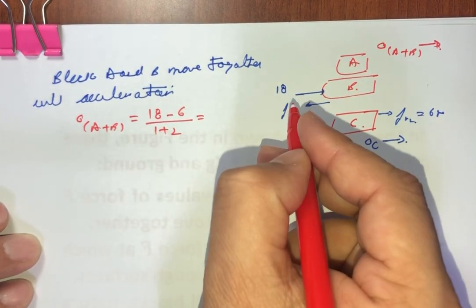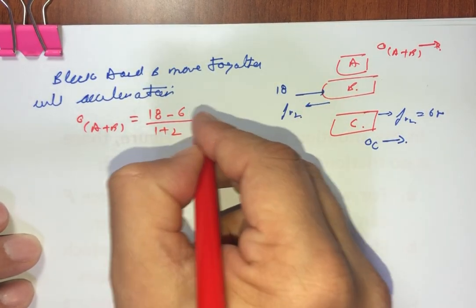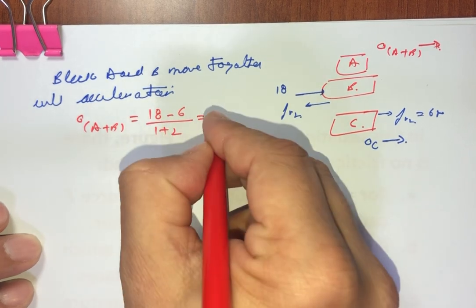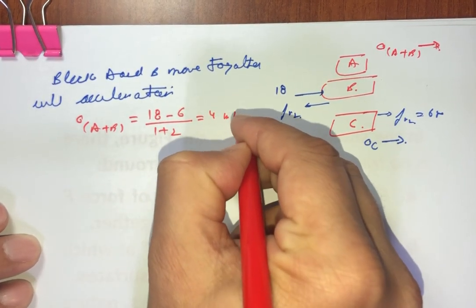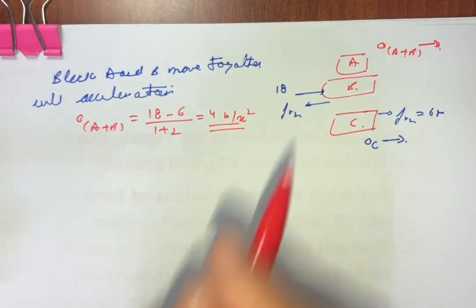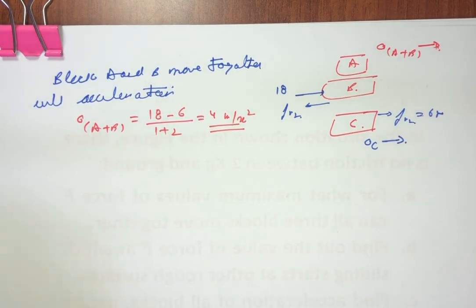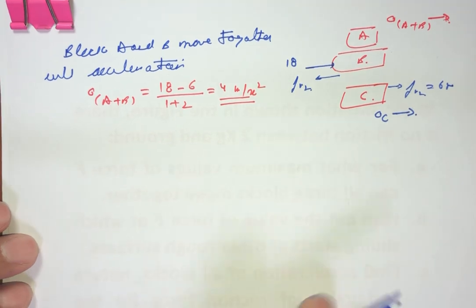This will be 12 over 3, which comes as 4 meter per second square, and we can find out the acceleration of C.